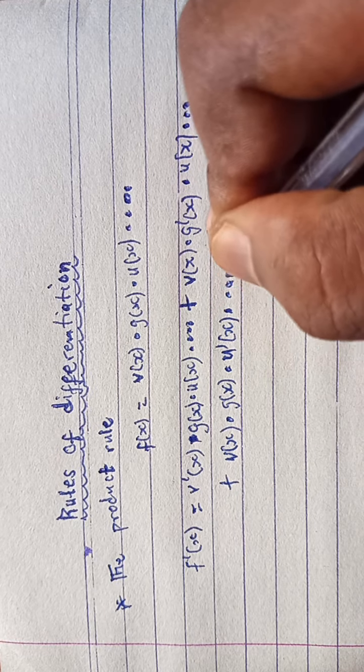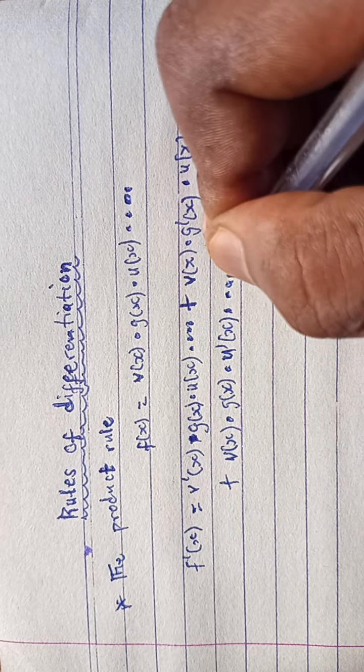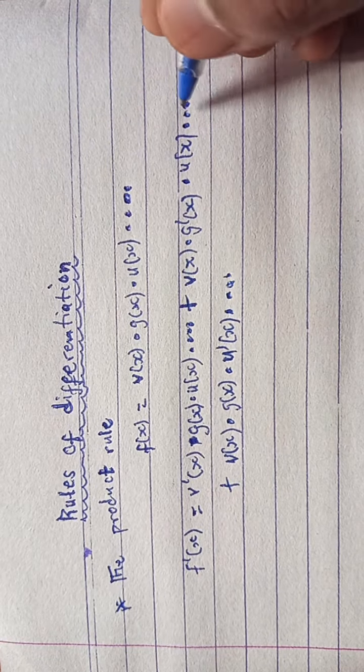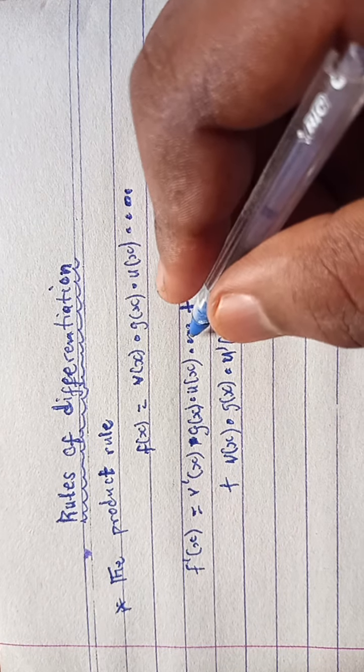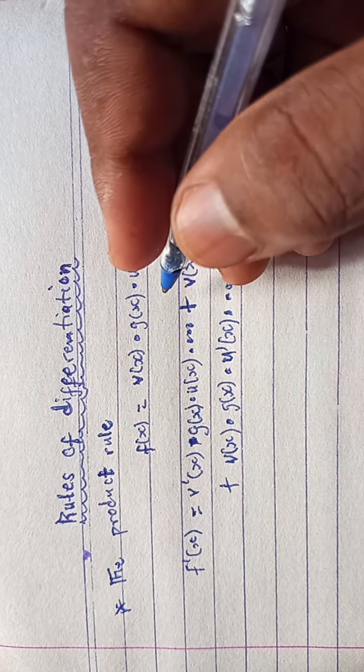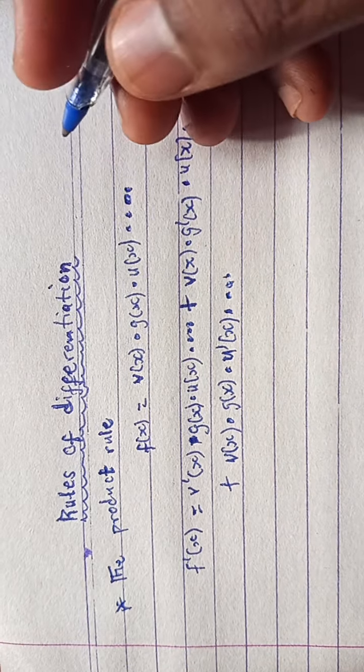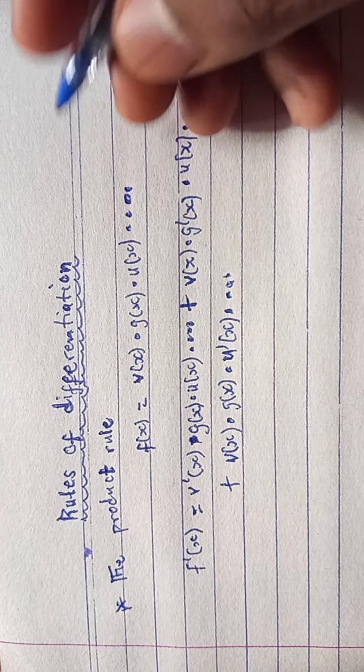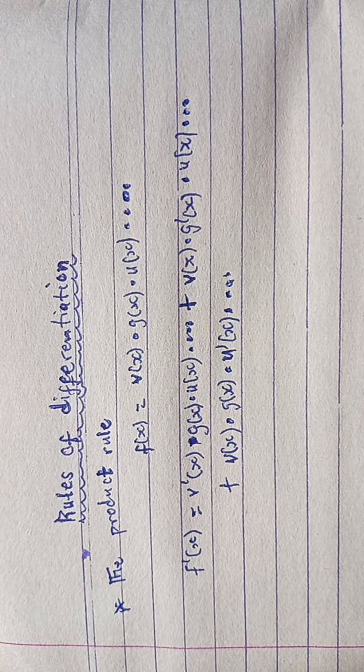Have you seen that, guys? If more functions were there, the dots telling us it could be up to the number of functions we want, we would continue that way throughout. So that is the product rule.